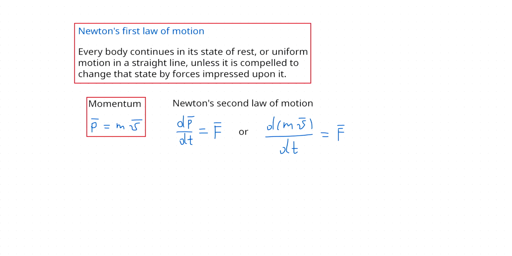And in most of the cases, we have the situation when m is constant. So if m is constant, we can rewrite Newton's second law of motion in another way.